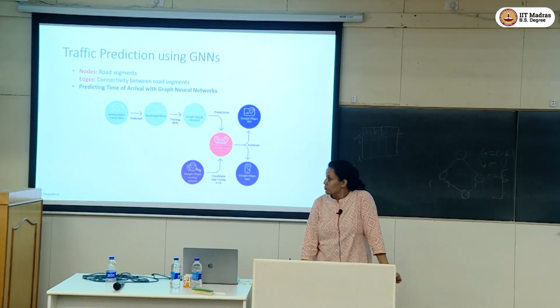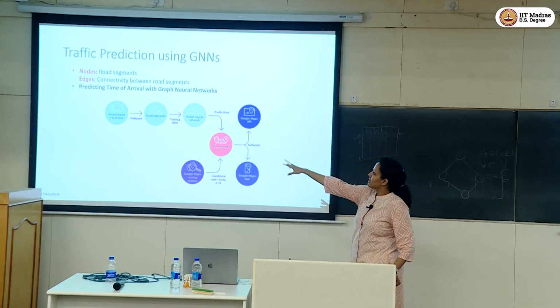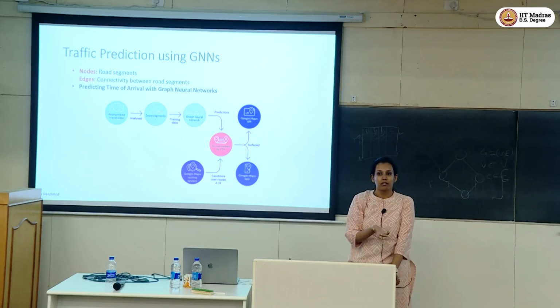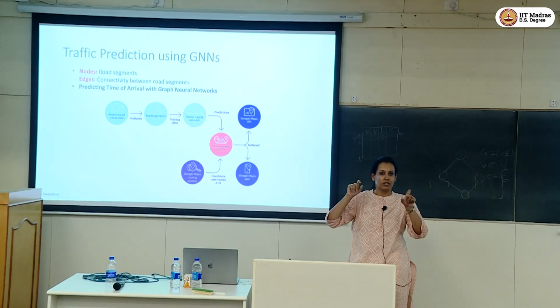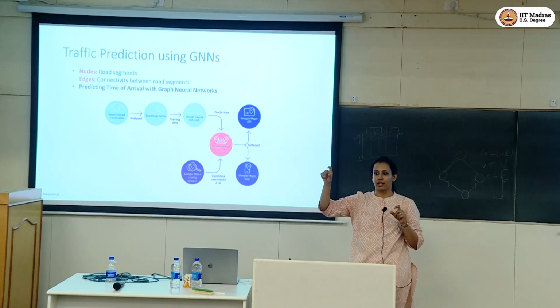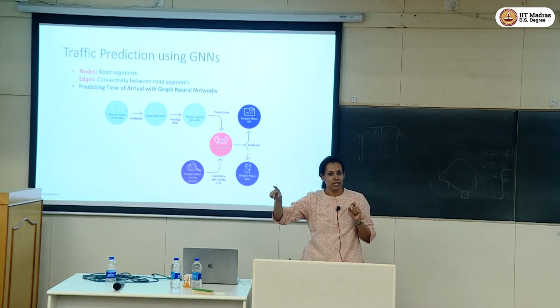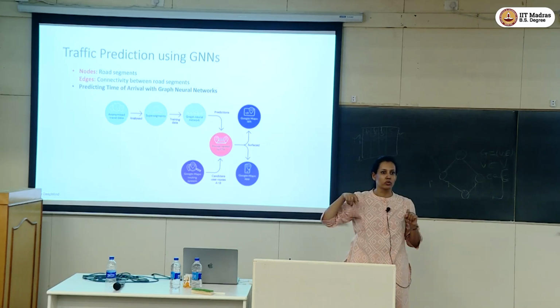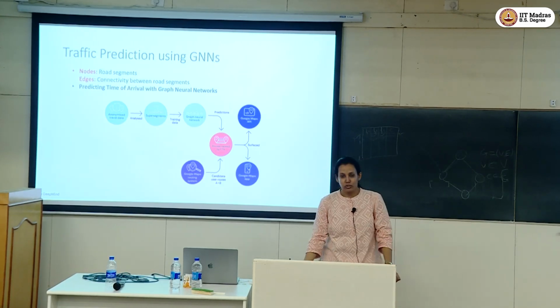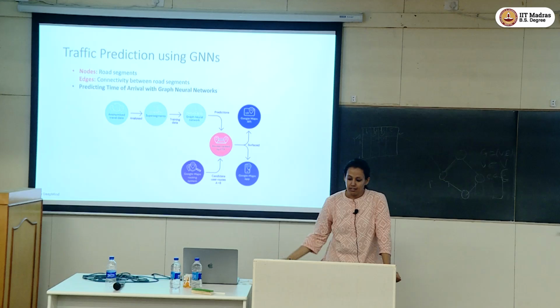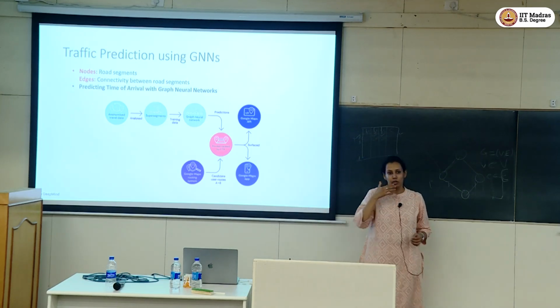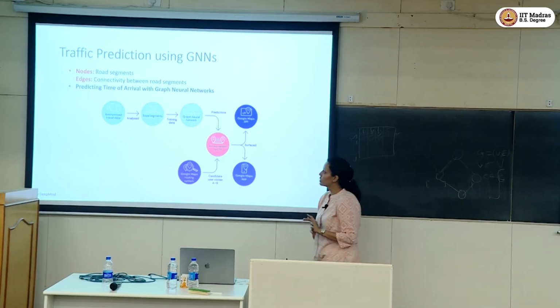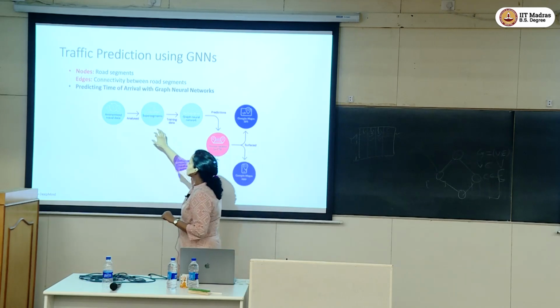If you see this figure, they show how you make your road into a graph. Because your road network is not a simple network, like if this is some landmark and this is another landmark, a straight line cannot be a road, right? There might be some other way, you will move through different roads. So it's not very easy. So they took the road maps and converted that data into graph data by using super segments.